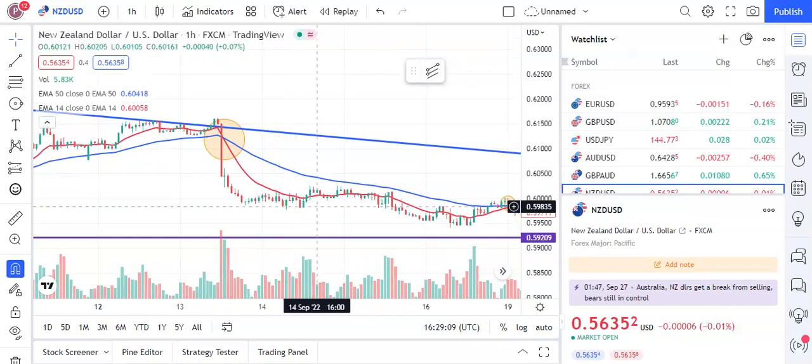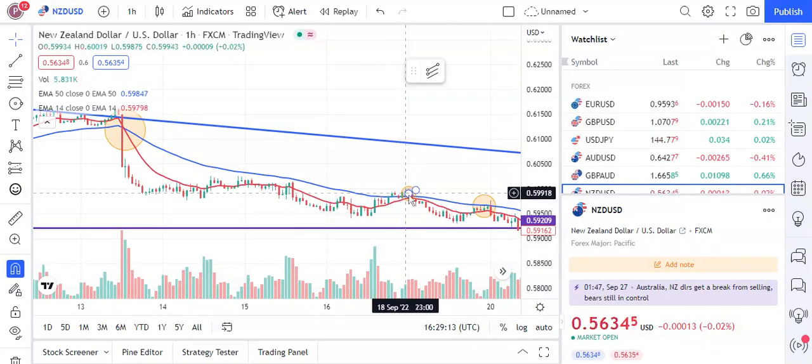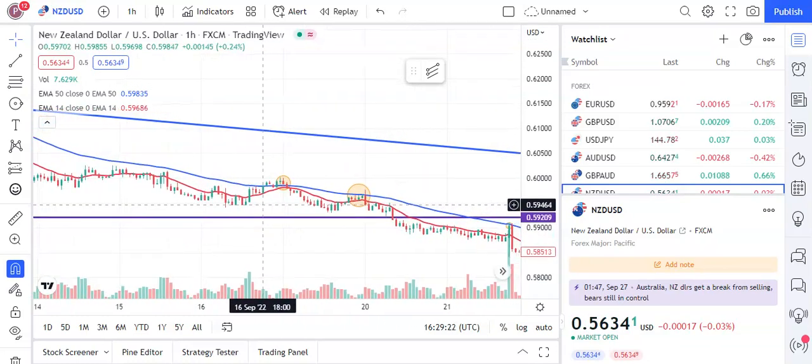And the price began to drop down, then went back up and retested this 50 EMA, the blue line at this point, right? You can see it. Then the price dropped down again.